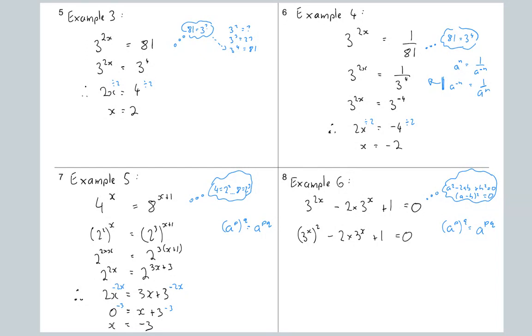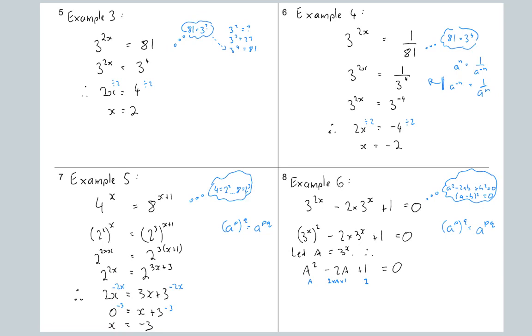Now you might see from there that that's a perfect square match now, but I'm going to go one step further so you can sort of see it really stepping out for you there. Let a equal 3 to the power of x. Therefore, we have a squared minus 2a plus 1 is equal to 0. Now, this fits our idea of the perfect square because I have a square here, and 1 squared is 1, so I do have a square here, and I have 2 times a times 1 in the middle to give me 2a.